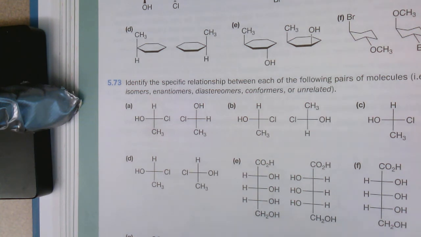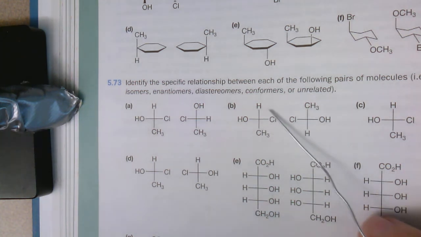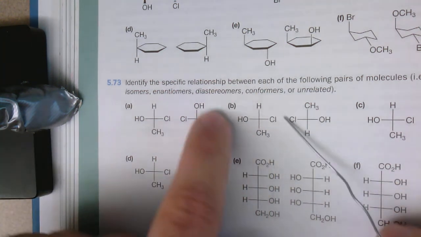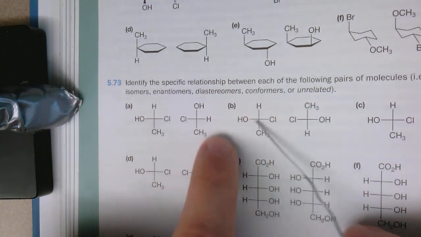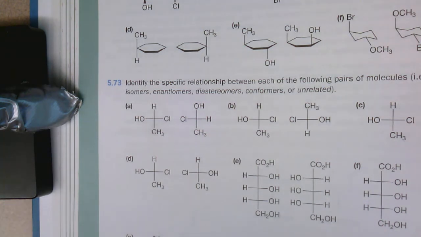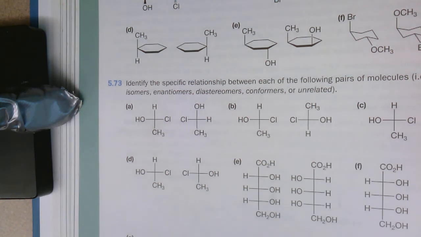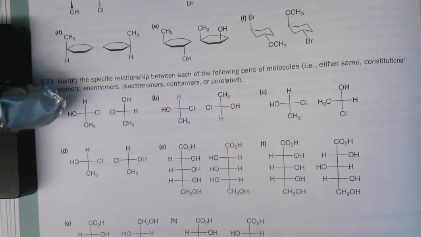Another way of thinking about this is I just took this entire Fischer projection and rotated it 180 degrees. The CH3 is at the top, the OH goes over to the right side, the Cl goes to the left, H goes to the bottom. Both of those operations do not change the structure. They don't change any of my chiral centers. So these are also the same in B. In C, what happened in C?